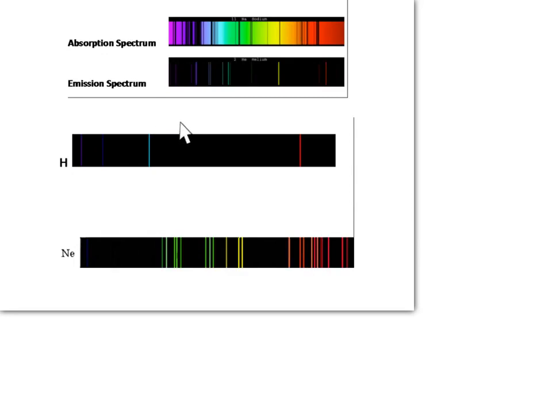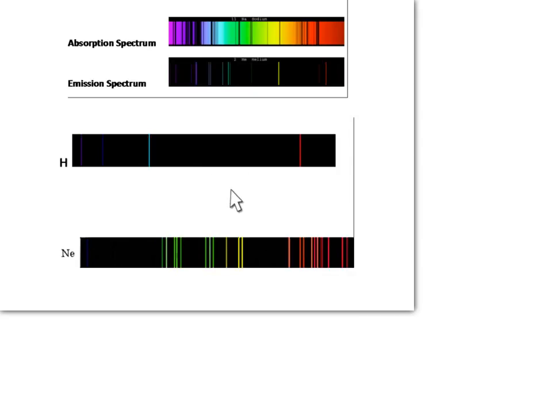One of the things I can do is get its emission spectrum. They have the emission spectra of all the known elements, and these are kind of like fingerprints. So they have a database for all the known elements. If they find a sample of an unknown substance, they get its spectrum and match it up to see what elements make up that substance.